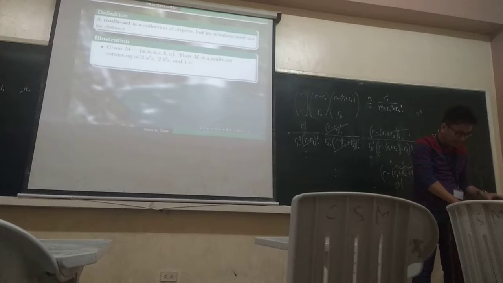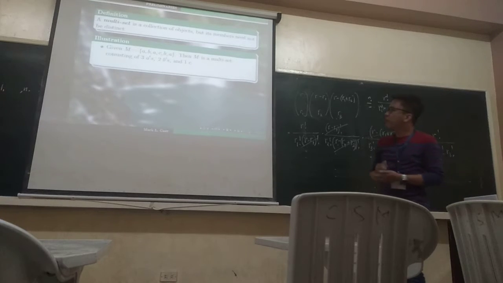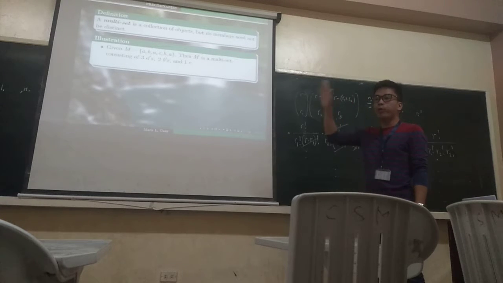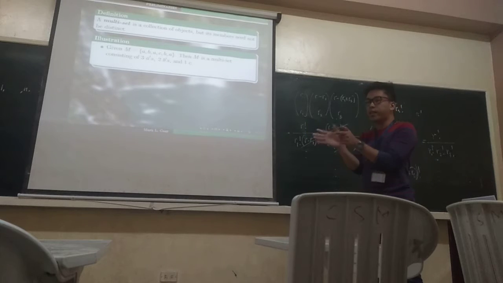Given M, a multiset, it considers both the definite and the indefinite, though earlier we focused only on the definite.